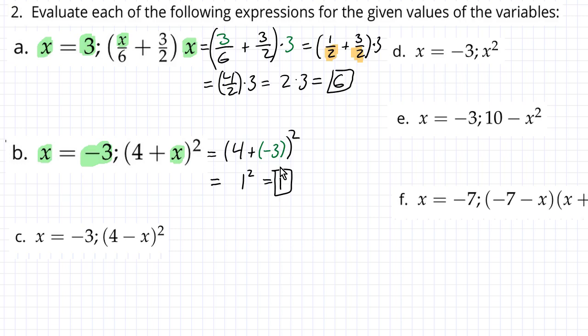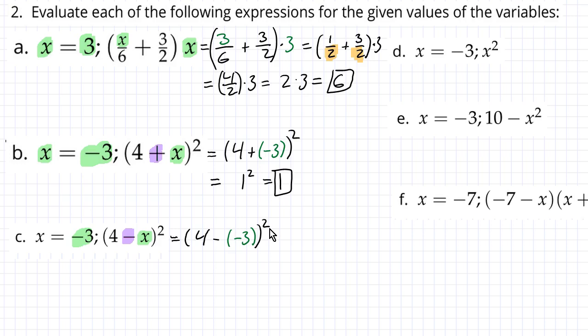And this time, the difference is that instead of it being plus, like it was over here, this time we've got a minus here. So what we're going to have is the x is still going to be -3, but the whole thing is going to be 4 minus -3 squared.